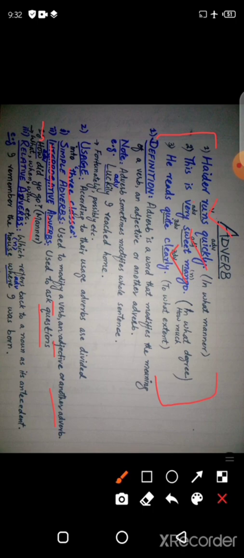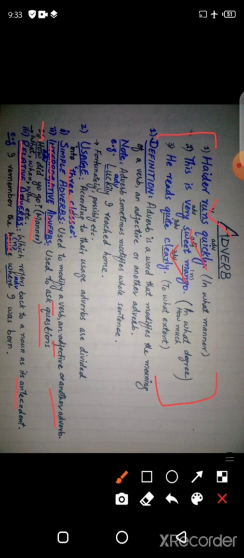Then the third usage of adverb is relative adverbs. So on the basis of usage, the third class or category is relative adverbs. Relative adverbs are those adverbs which refer back to a noun as its antecedent. An antecedent is a noun basically that comes before the adverb. So, I remember the house where I was born. For example, I remember the house. House is a noun.